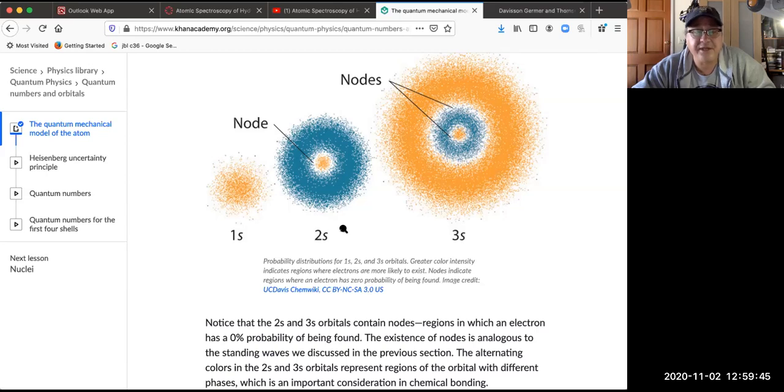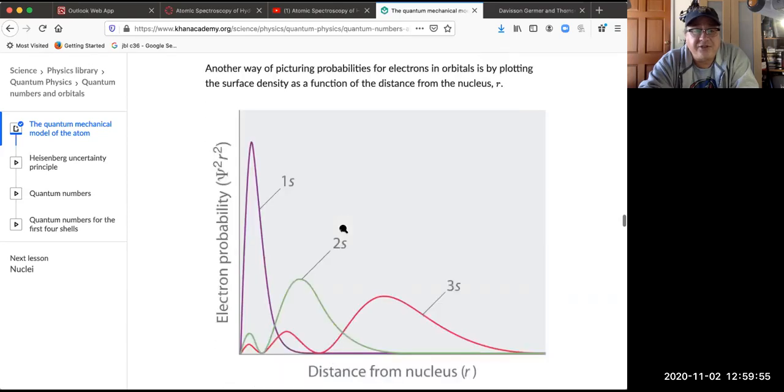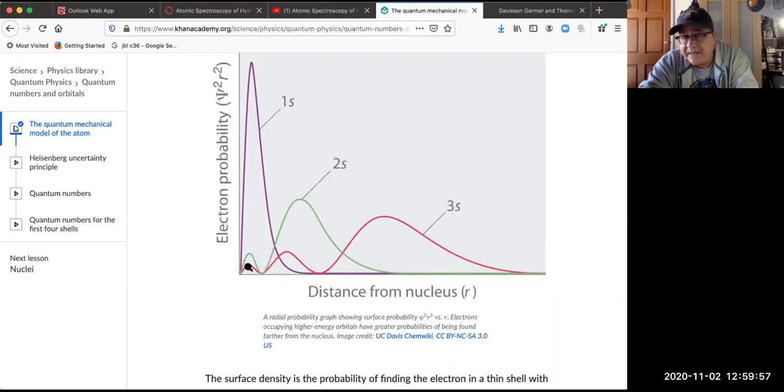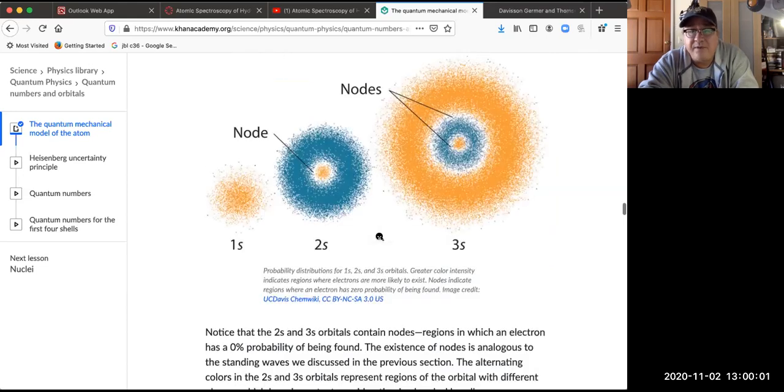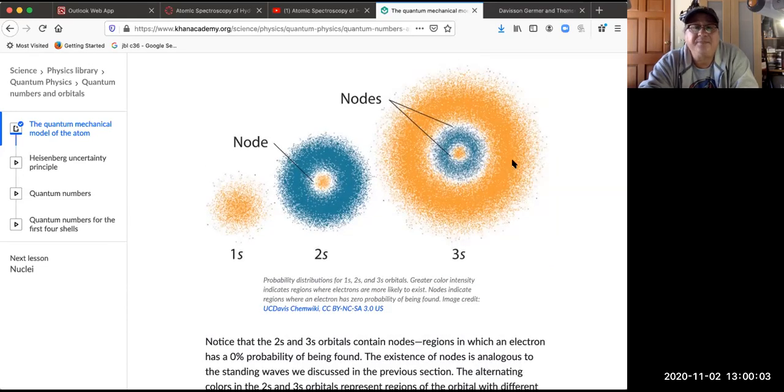Is there some overlap of regions between 1s and 2s? And the answer is absolutely. So if you look at the 3s, you can see that we have a low probability, a better probability, and then a great big probability. And we can see that here with the densities.